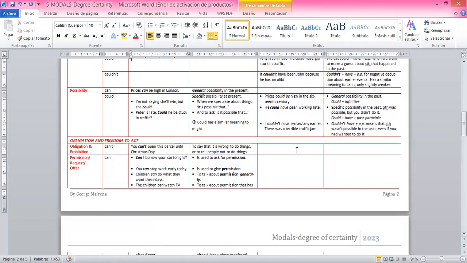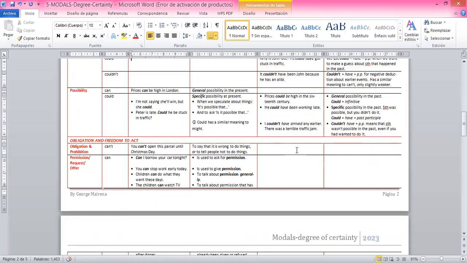Okay, let's see the modals. Can you see the screen? Let's see the modals that we can use for possibility. We have can and we have could, right? Can, as you know, when we say possibility, can also be used for permission, requests or capacity.